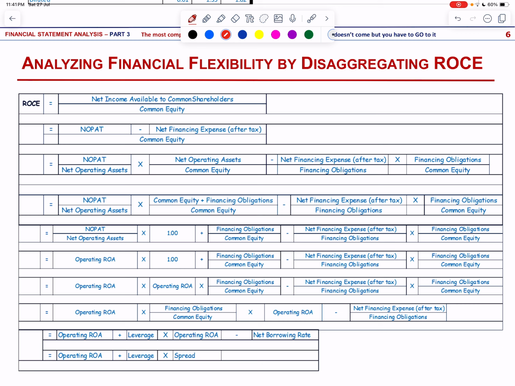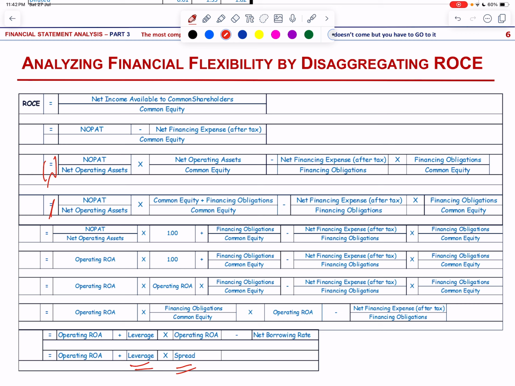Now, operating return on asset measures the return a firm earns on its net operating assets, that is NOPAT divided by net operating assets, covering returns to debt, preferred equity, and common equity. This differs from traditional return on asset, which uses total assets, that is, it adds leverage and spreads as factors.